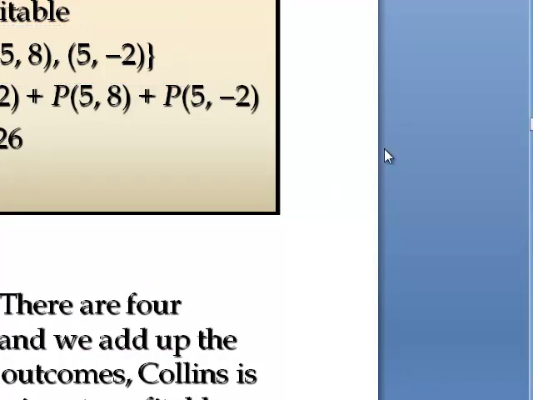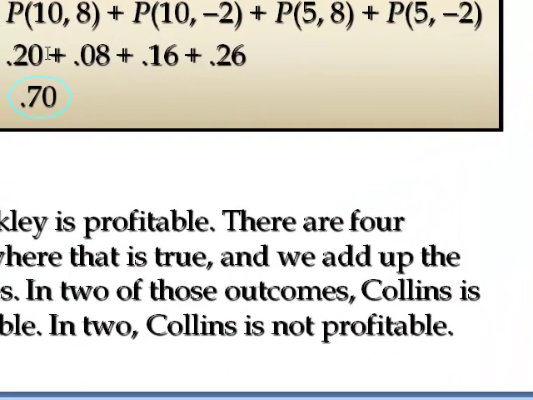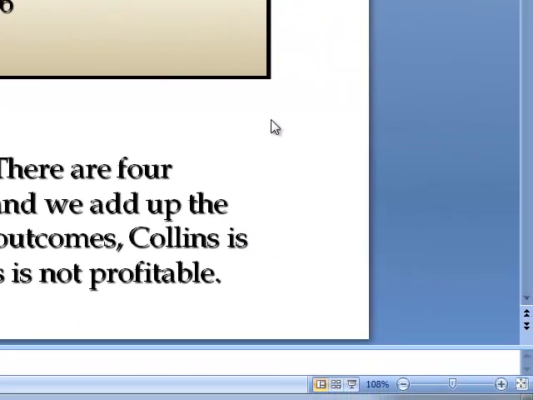What are the associated probabilities of the sample points? It is 20% for the first sample point, 8 for the second, 16 for the third, and 26 for the fourth, which adds up to 0.7, i.e. there is a 70% chance that Markley oil will be profitable.